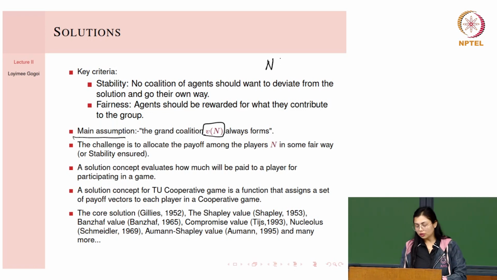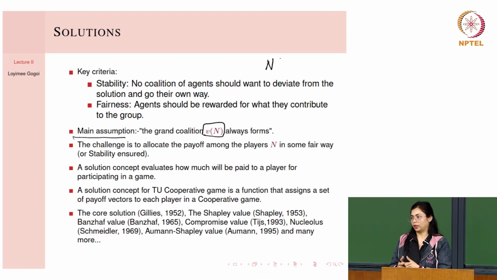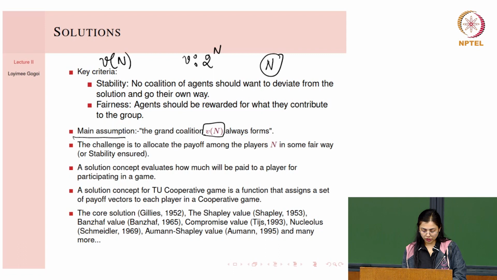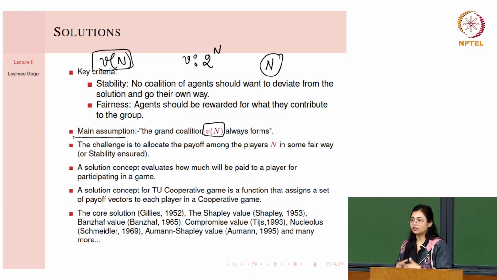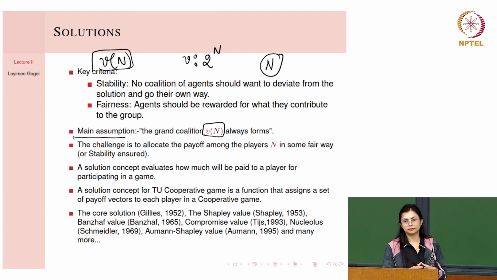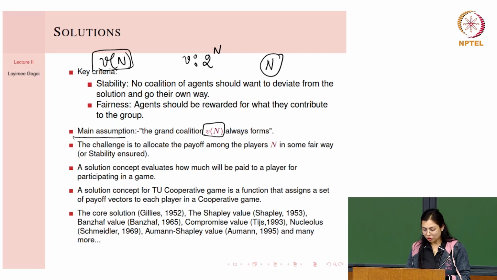V of N is the worth of the whole player set N. We assume that it always forms.